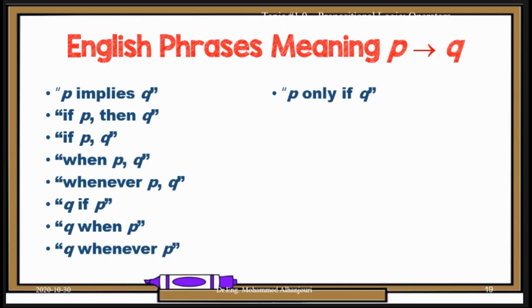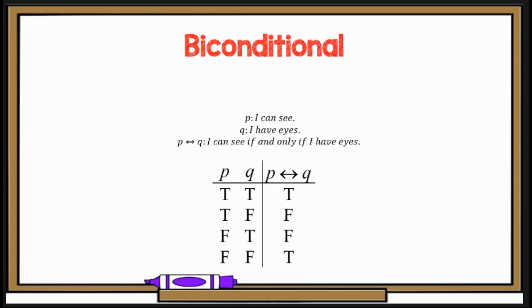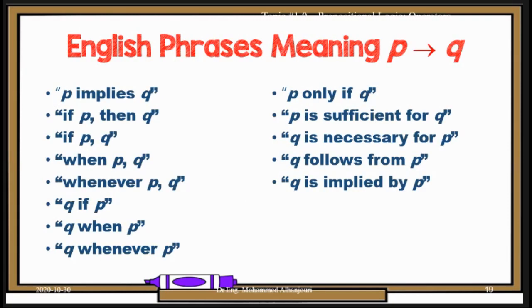P only if Q. P is sufficient for Q. Q is necessary for P. Q follows from P. Q is implied by P. Like our example earlier, if I am born in the Philippines, then I am a Filipino.